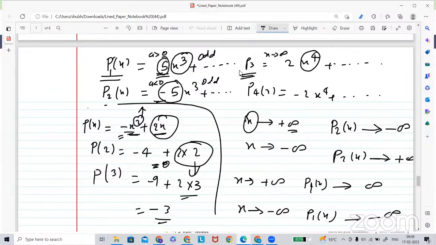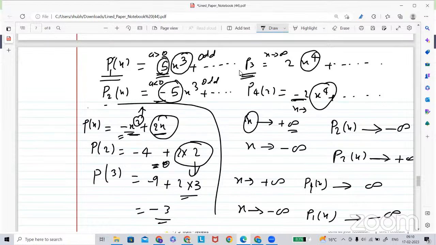And in P4, whether it is negative or positive, it will lead to negative infinity. Right, sir? Then P4 is going to be negative because of this, and this is going to be positive.